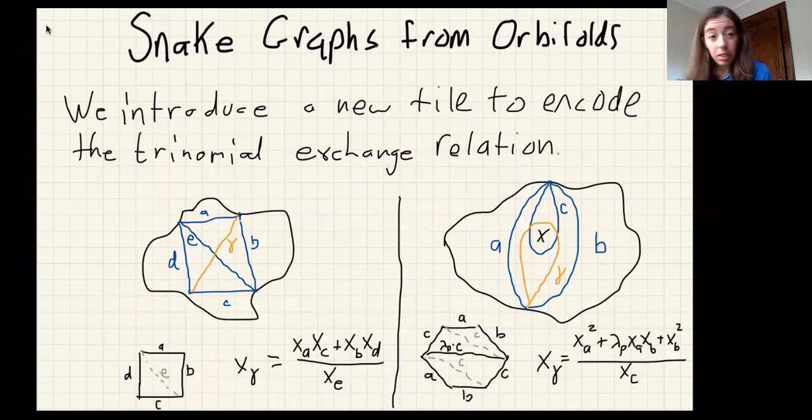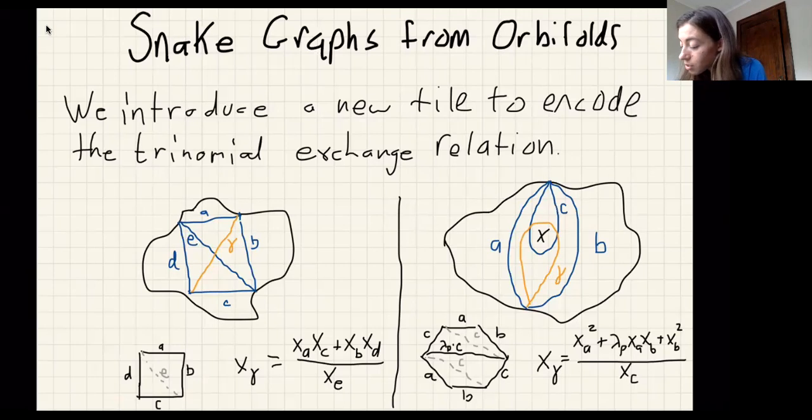So when we interact with the pending arc, we introduce a tile that encodes the generalized exchange relation. So this is this hexagon I've drawn. It is kind of just like 2 square tiles put together, but I think the hexagon is nice because it should suggest something new.